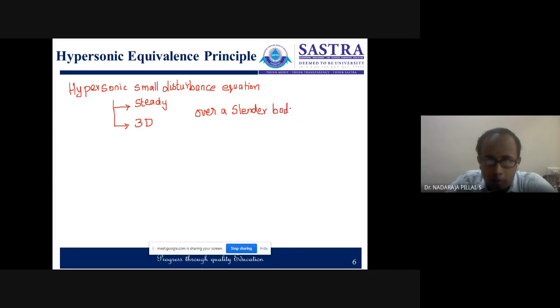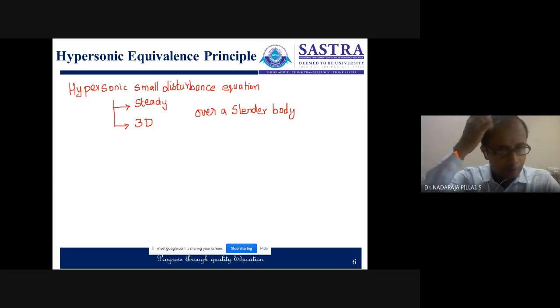So we have the hypersonic small disturbance equation on the one hand, and on the other hand the non-dimensionalized equation considering only two-dimensional and unsteady flow.